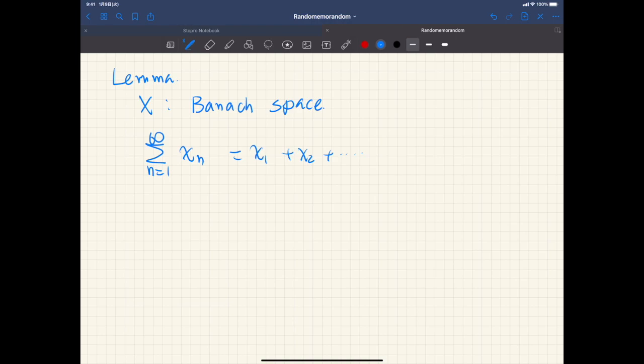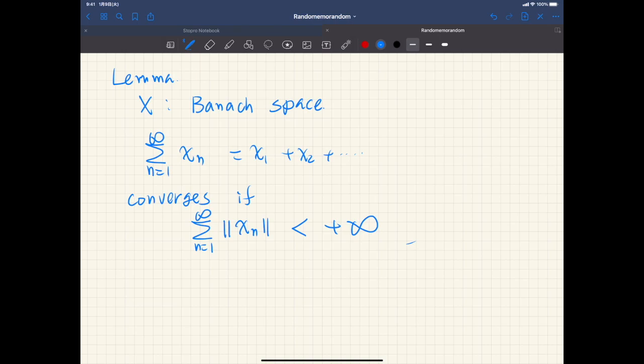This series converges if it is absolutely convergent, which means if the sum of the norms is convergent. So if this is finite, okay, so this is the lemma.